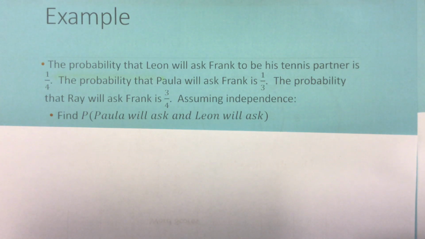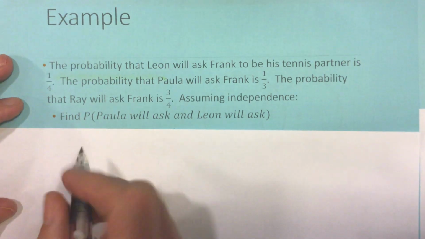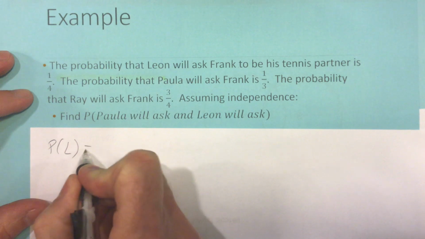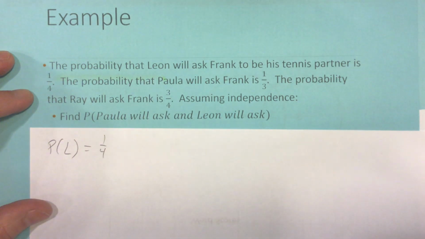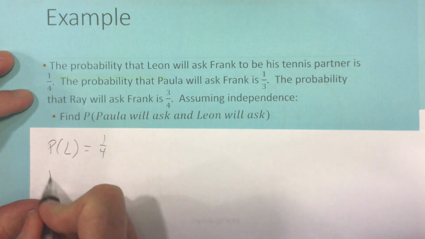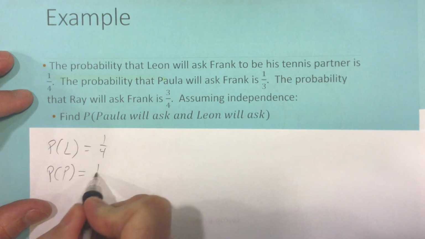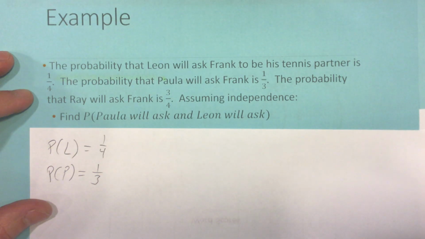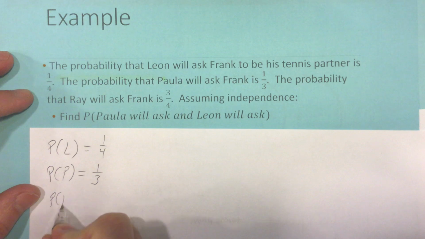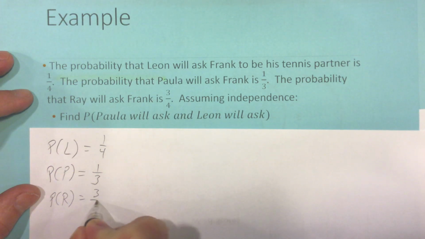Let's say that the probability that Leon asks Frank to be his tennis partner is 1/4. So the probability of Leon asking is 1/4. The probability that Paula will ask Frank is 1/3. The probability that Ray will ask Frank is 3/4.